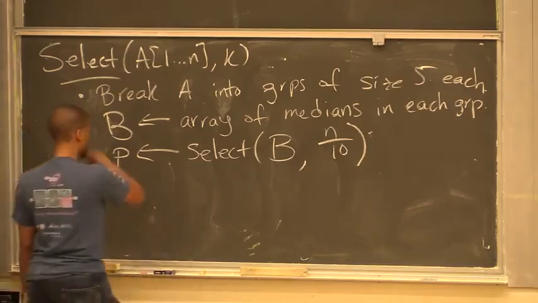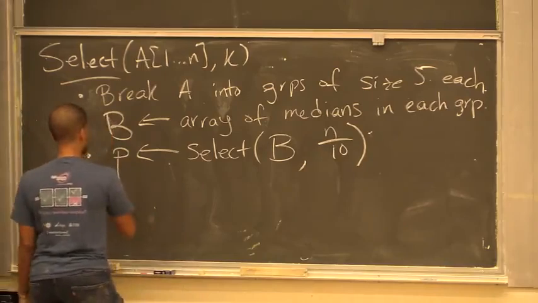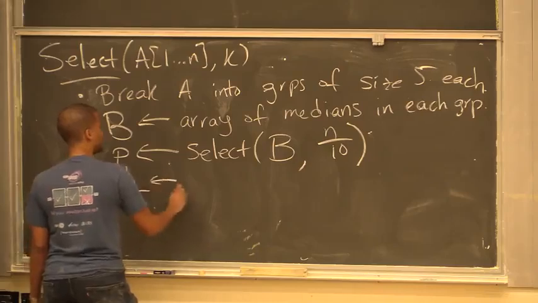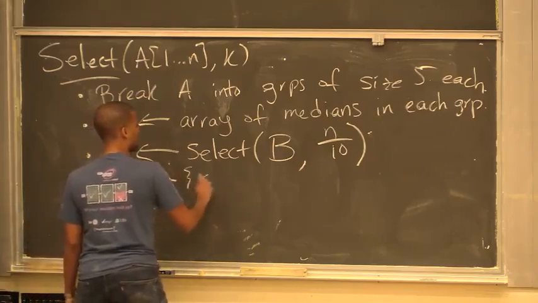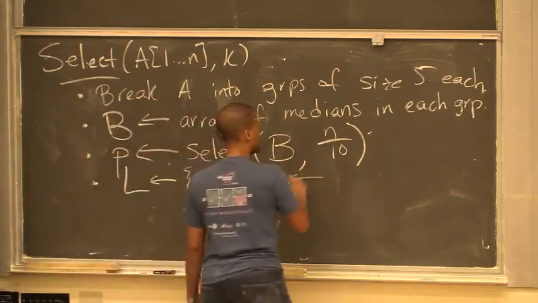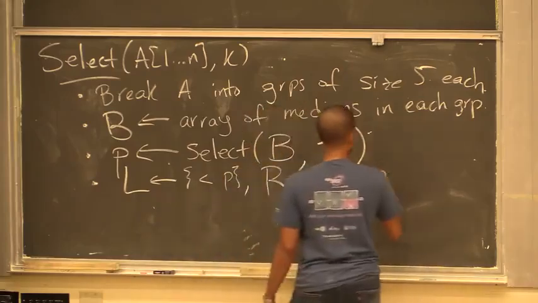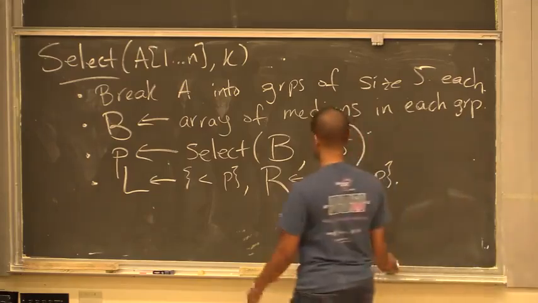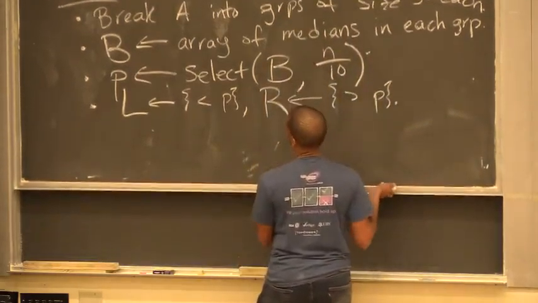So I'm going to say that, let's say that L are the set of things that are less than P, and R are the set of things that are greater than P. So I just made up this notation, but you can basically get L and R from a linear scan over the array. And then I need to recurse again.